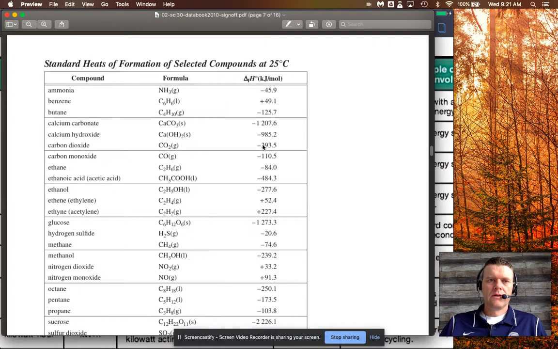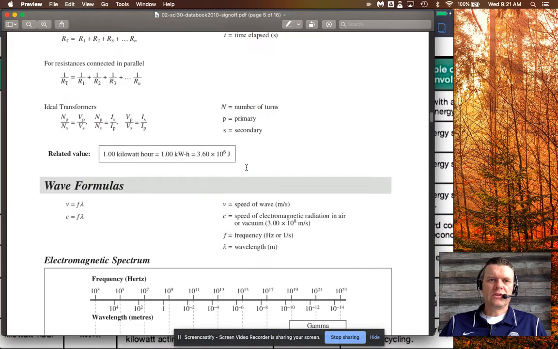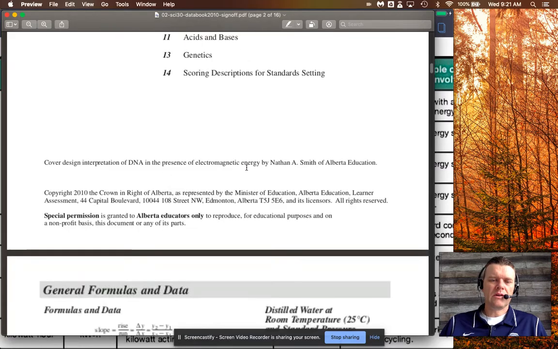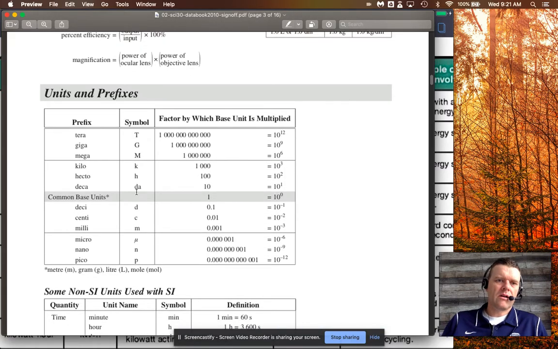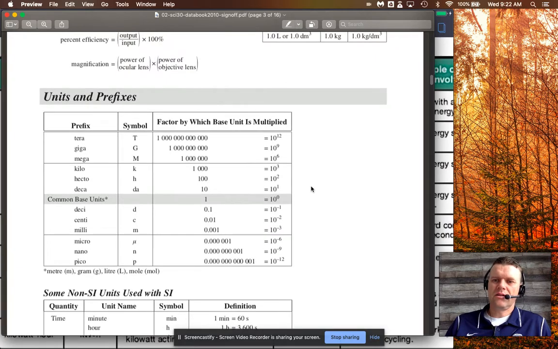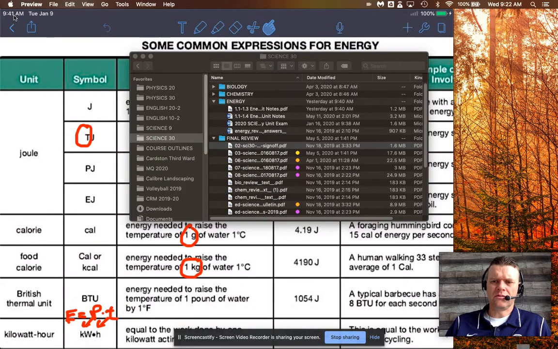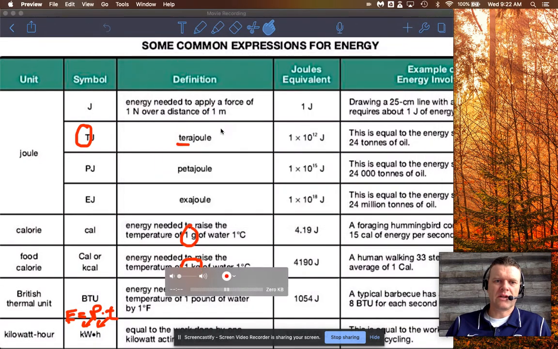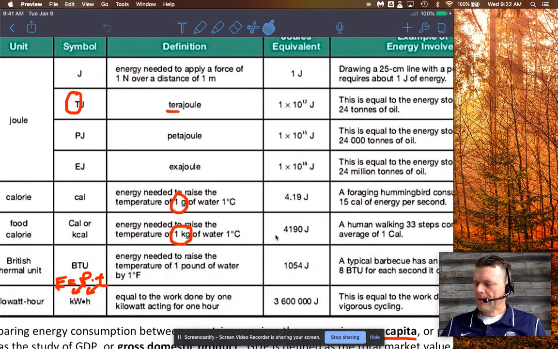So on your formula sheet, see here, all of these symbols, tera, giga, mega, that's as high as it goes. If you see a prefix you don't know, look on your formula sheet. And if it's not there, then they need to explain it. Because petajoule and, oh my goodness, exajoule, those are insanely big units of energy.